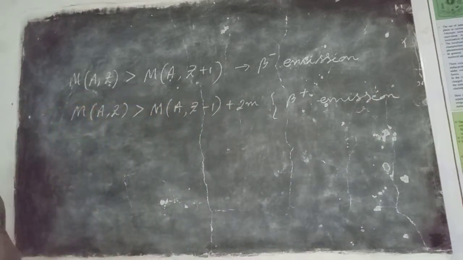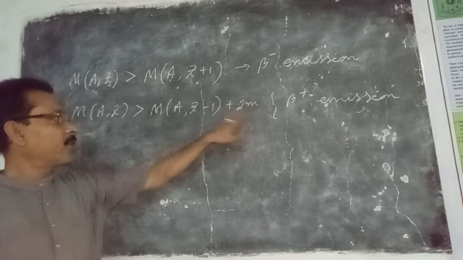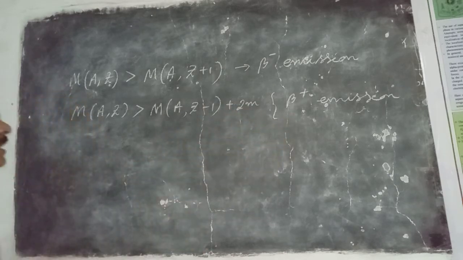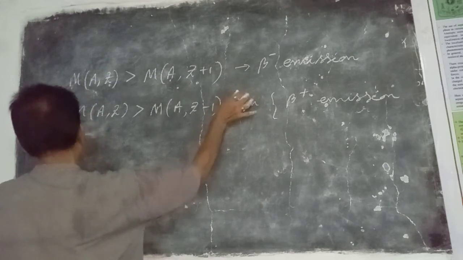Only positron emission, that means the mass of this will be larger than this by 2 times the mass of the electron, then only the positron emission will take place. Otherwise, if it is only greater than this, then electron capture will take place.